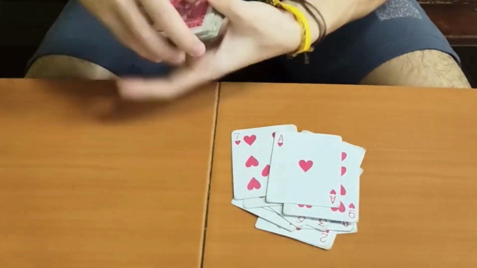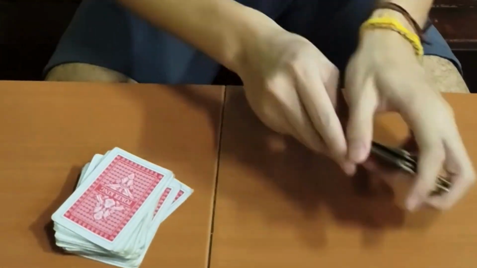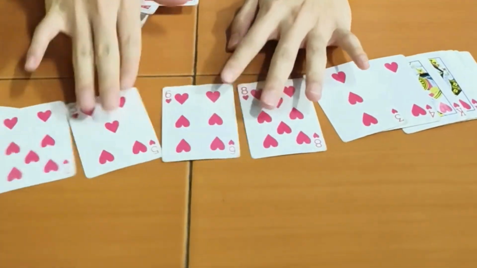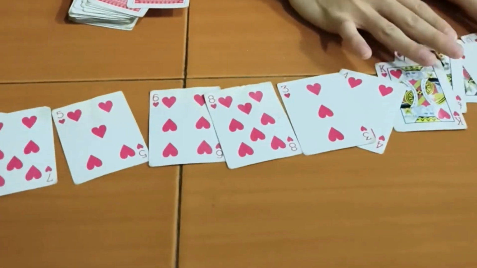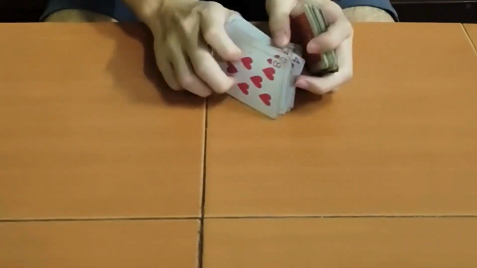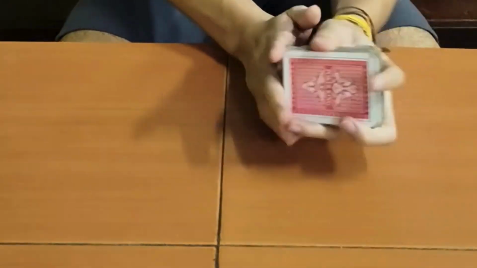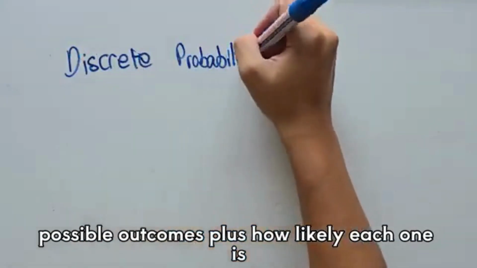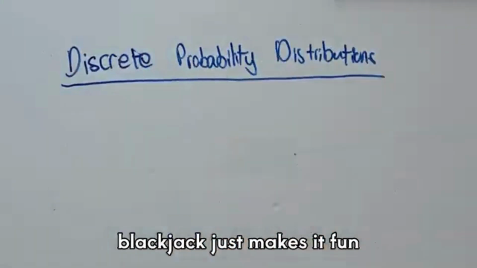Okay, so we know that we have 13 cards that are hearts. So the probability that you will draw a heart in 52 cards is 1 in 4. Possible outcomes plus how likely each one is. Blackjack just makes it fun.